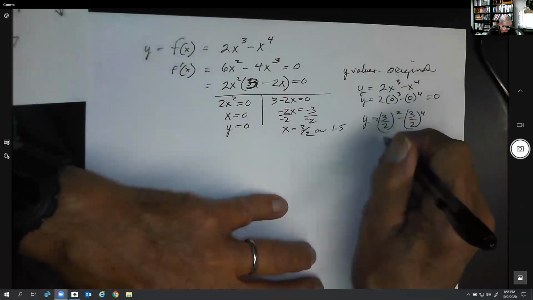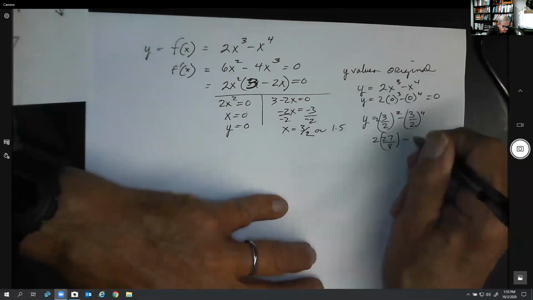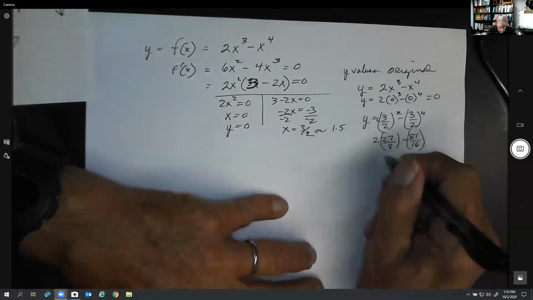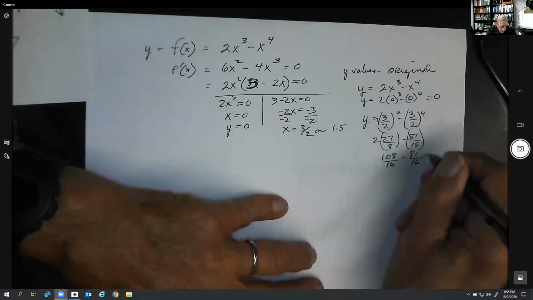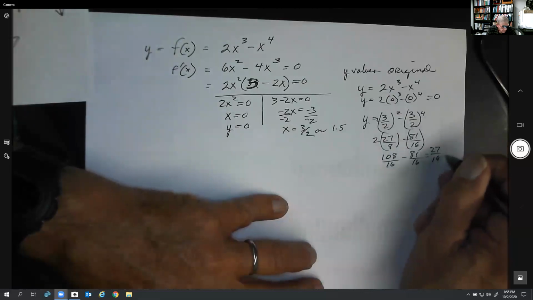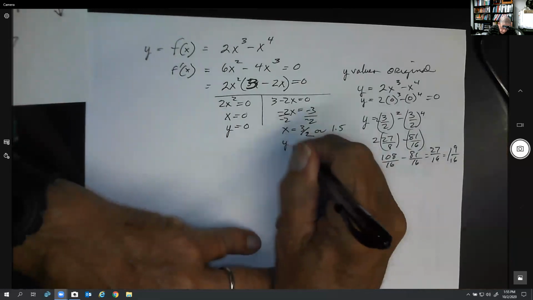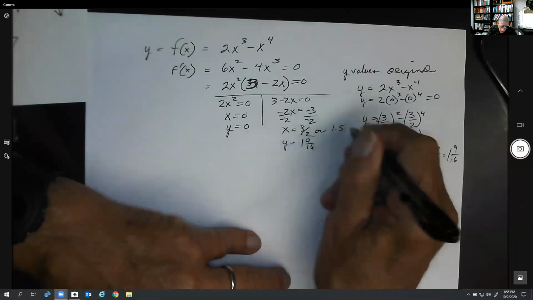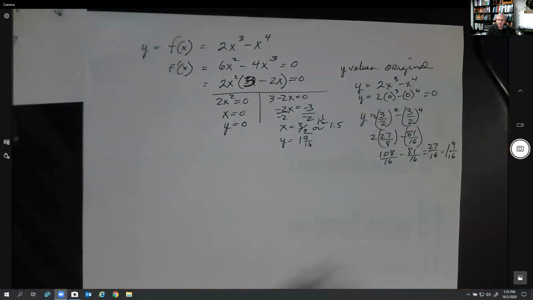I got 2 times 27/8 minus 81/16, which is 108/16 minus 81/16. It ended up 27/16, or 1 11/16, at x of 1.5. Okay, so we got our key points.